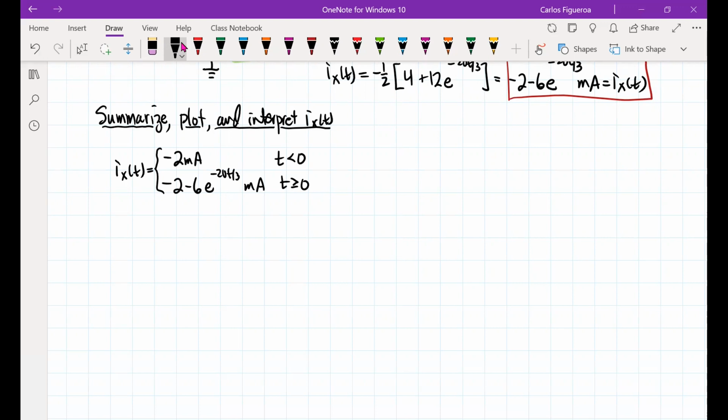So what we want to do here is that we expect a discontinuity in resistors when a switch is thrown.